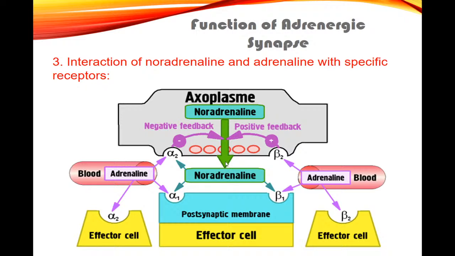Low concentration interacts with beta 2, and this causes by positive feedback an increase. So beta 2 participates in the positive feedback mechanism. More noradrenaline in the synapse, negative feedback via alpha 2, decreased. Low amount of noradrenaline, positive feedback via beta 2, again increase. And all the time a little decreased, a little increased, within the physiologic range of noradrenaline.